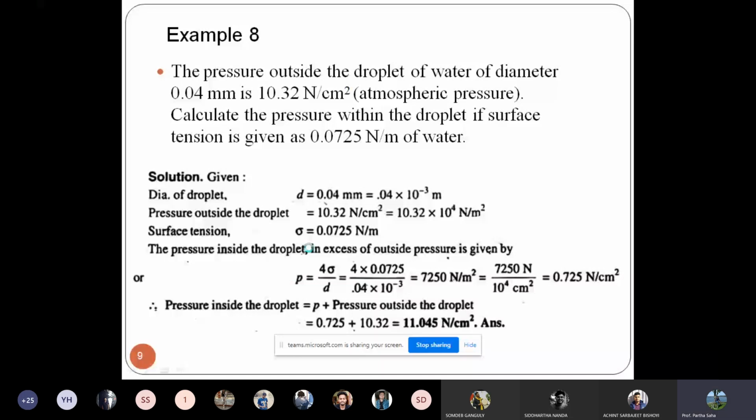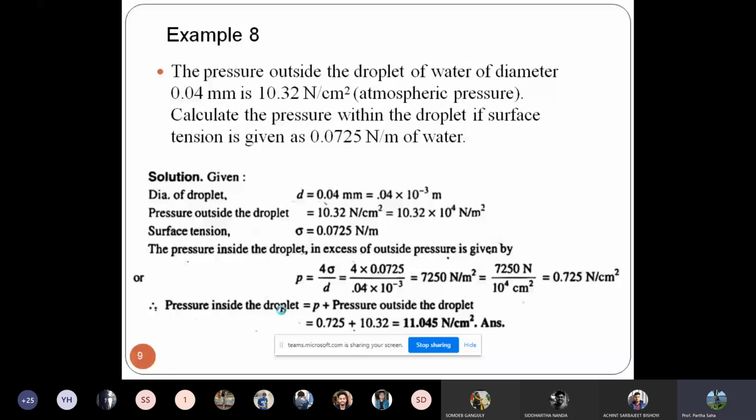Plugging in these values, the pressure you calculate is 0.725 Newton per centimeter square. Now the outside pressure was already given, it's 10.32 Newton per centimeter square, and that was above the atmospheric pressure. So the total pressure will be the outside pressure plus the inside pressure, because the bubble or the droplet is within the atmosphere, right? The atmospheric pressure you also have to take into consideration while you determine the total pressure inside the droplet.